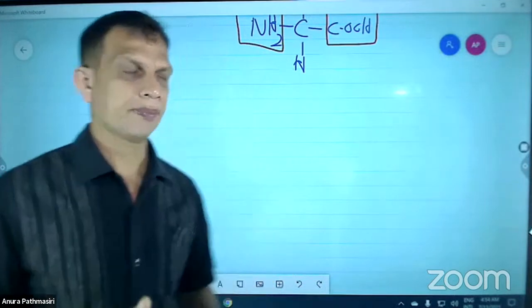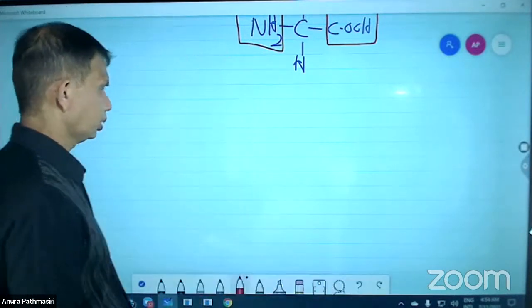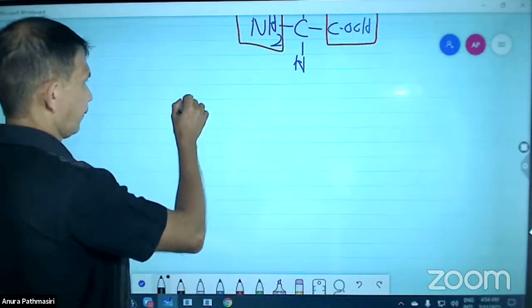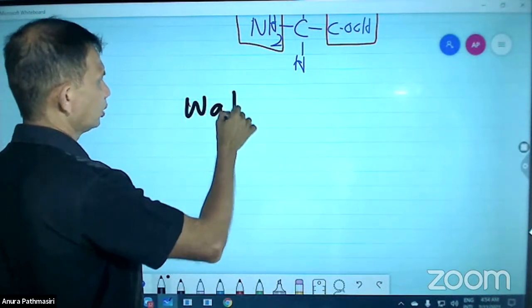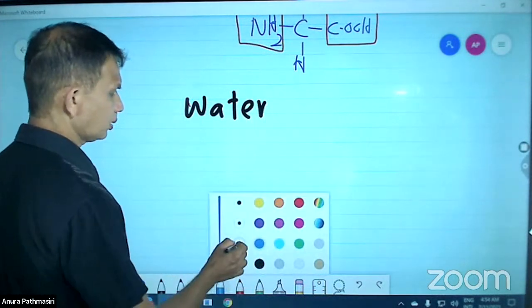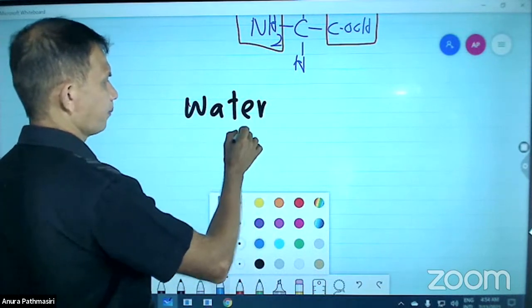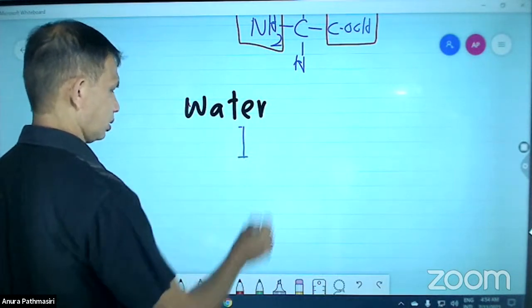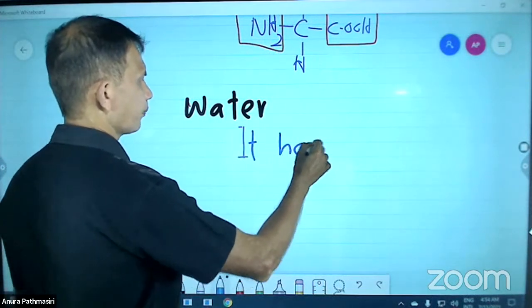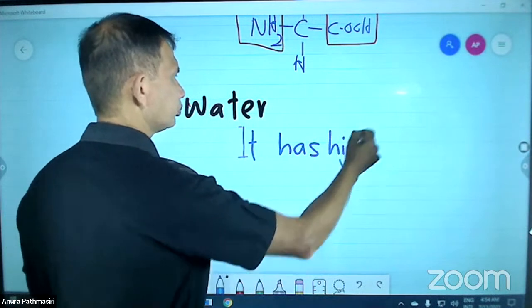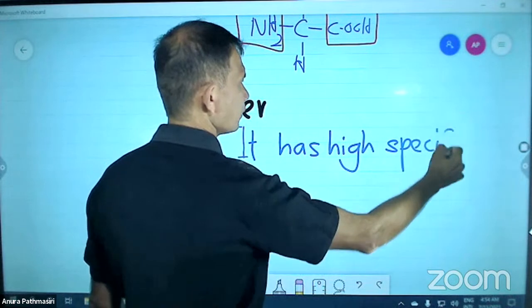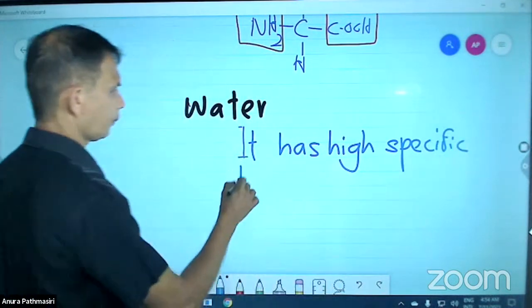It's a coolant, right? Water has high specific heat capacity.